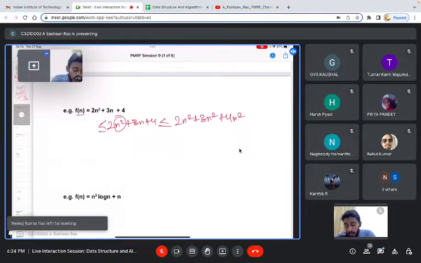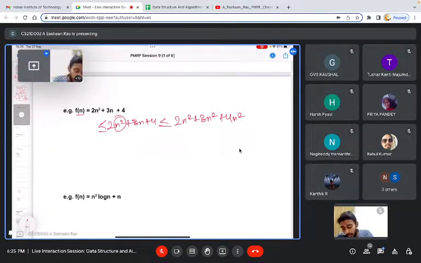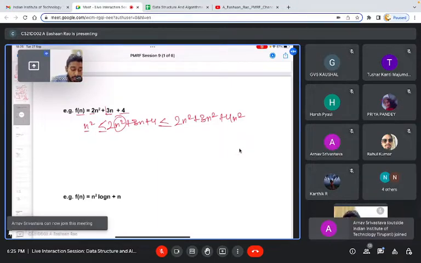And if you want to make it smaller, you remove all the constants and all the other terms, and you just keep n^2, which is still valid, since n^2 is less than 2n^2 + 3n + 4.